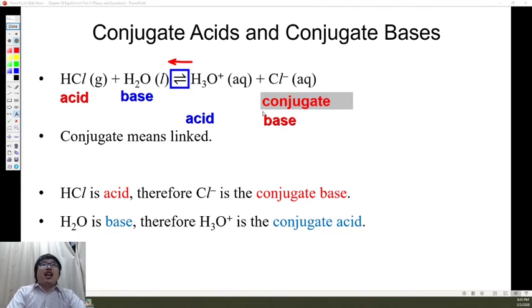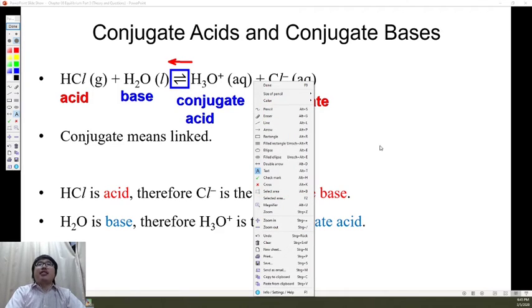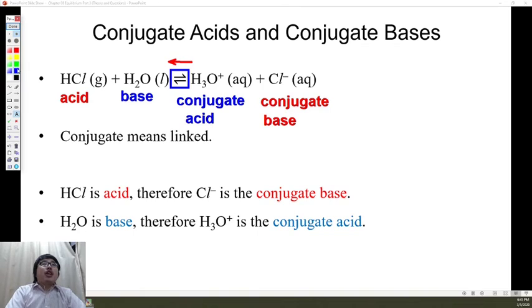HCl donates proton, Cl minus accepts proton, HCl. H3O plus donates proton to form H2O, and H2O accepts proton from H3O plus. We call this the conjugate base and conjugate acid.